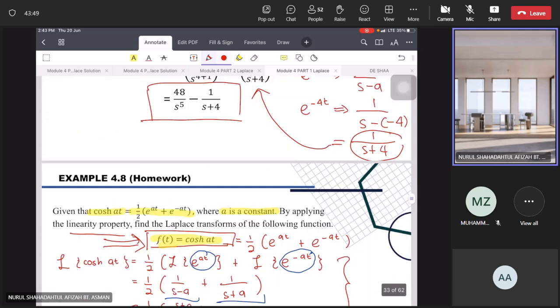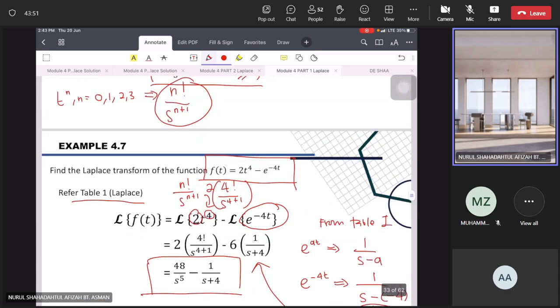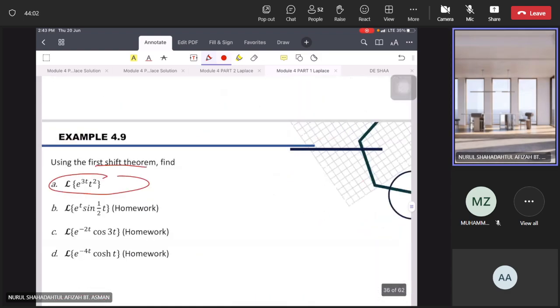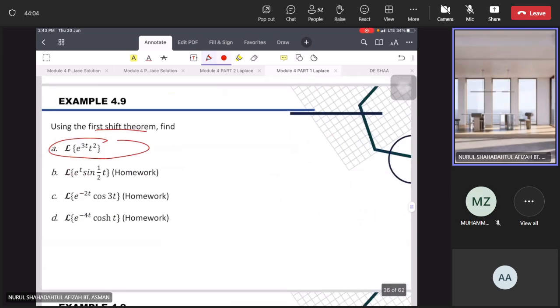Well, this one we involve the function with a plus or minus, you have two functions. So this is what we call linear. So different from this one. This is we combine two functions by multiplying. You consider it multiply. You can see two functions here. Yeah, that's why. So this is the first shift theorem.